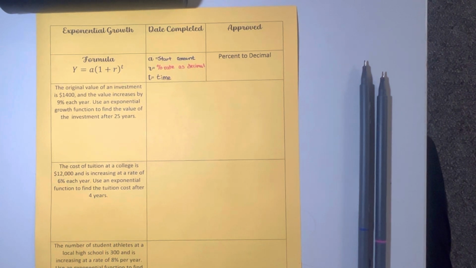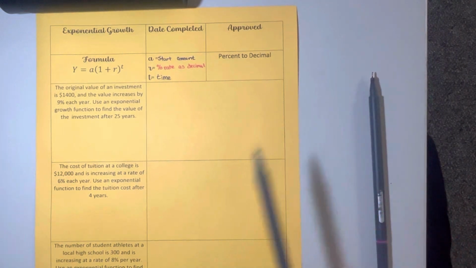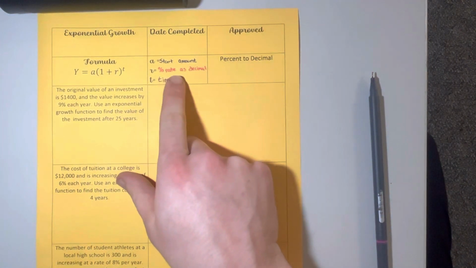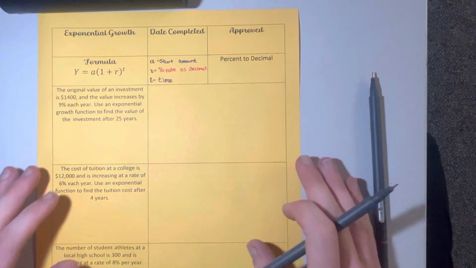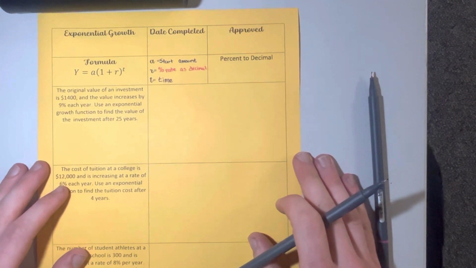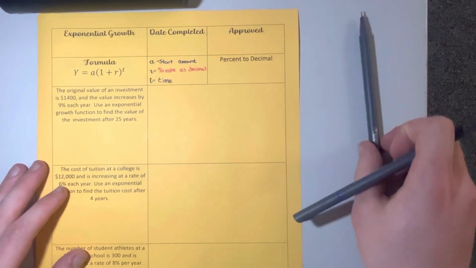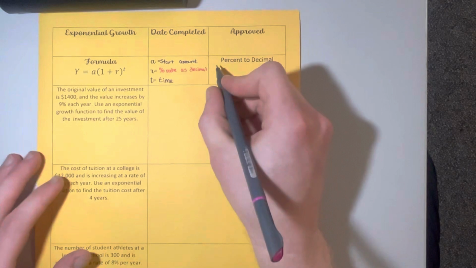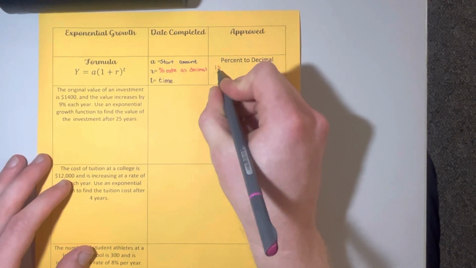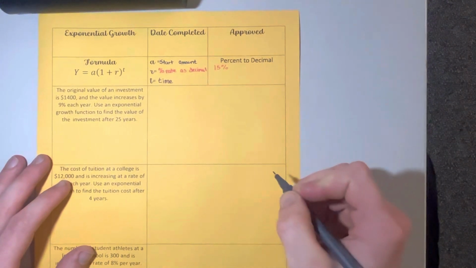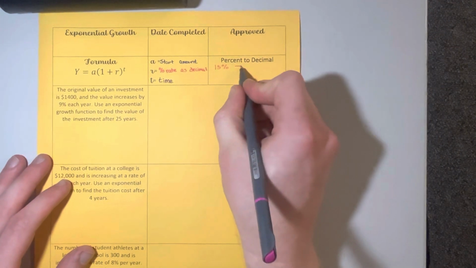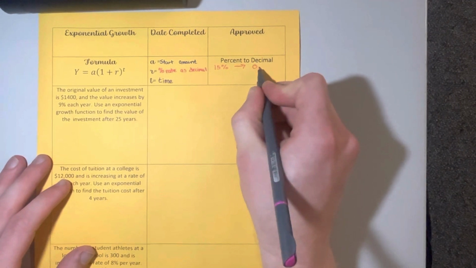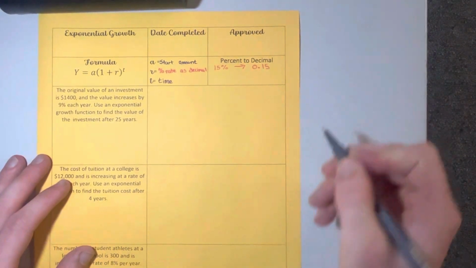But one of the key details is we need to be able to write R as a decimal. If it's a percentage rate, we've got to write it as a decimal. The way we convert percentages to decimals is 2 decimal places. So we'll put a couple examples over here. If you had 15%, that would be 0.15.